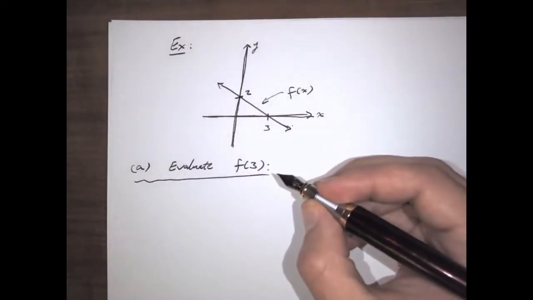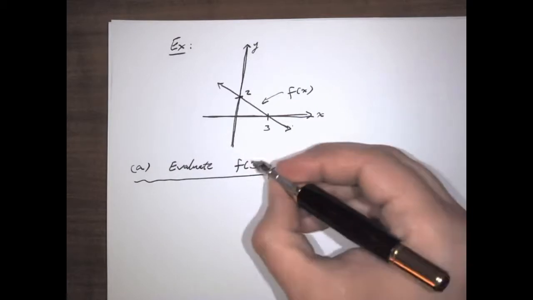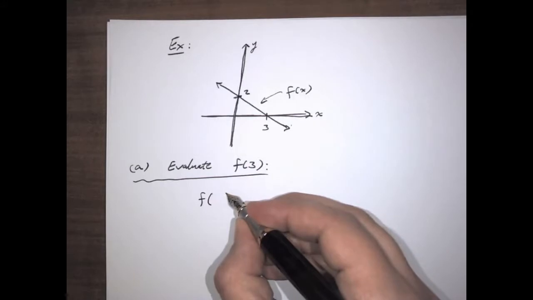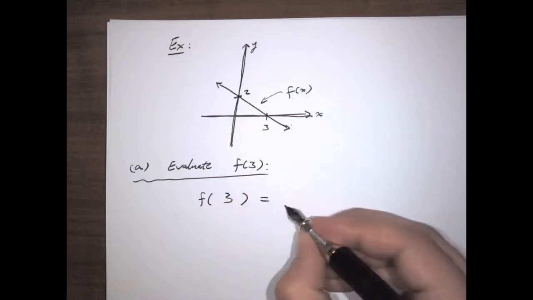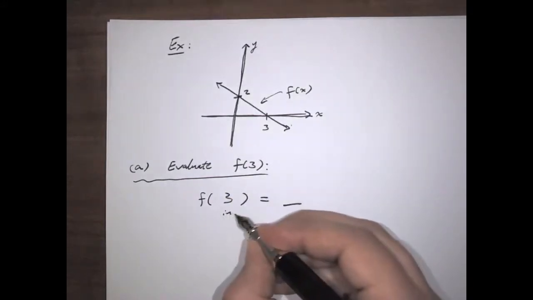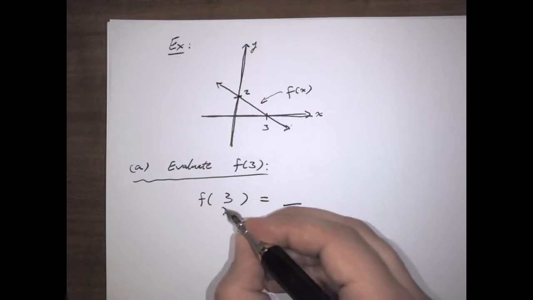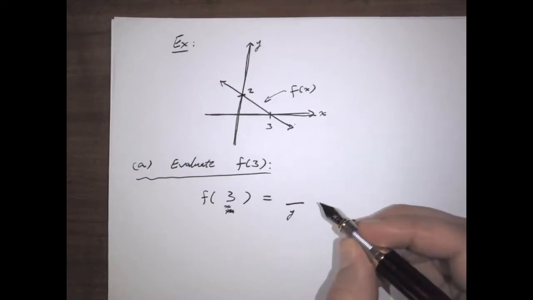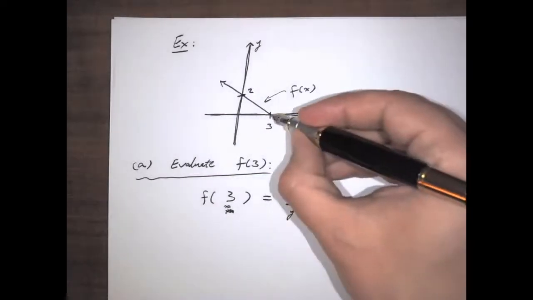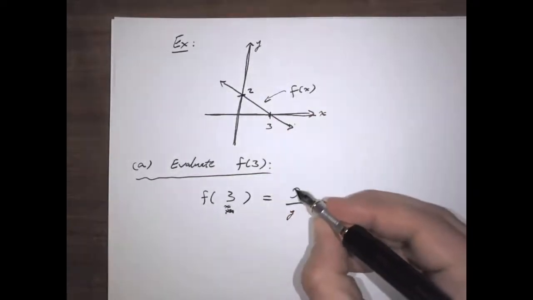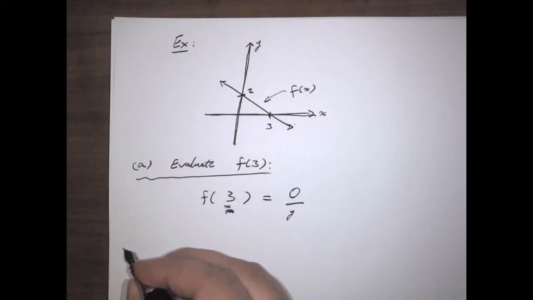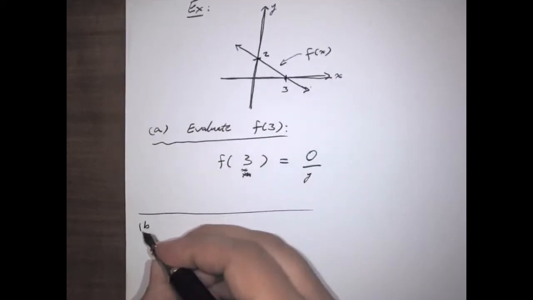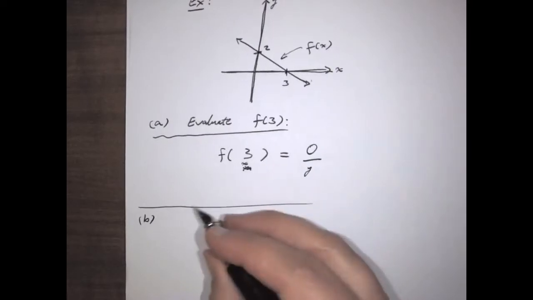Well, that would be saying that 3 is the input, in other words the x, and it would be asking us to find the corresponding y. So here, that would be 0. But the other side of this coin asks you to do things like solve.